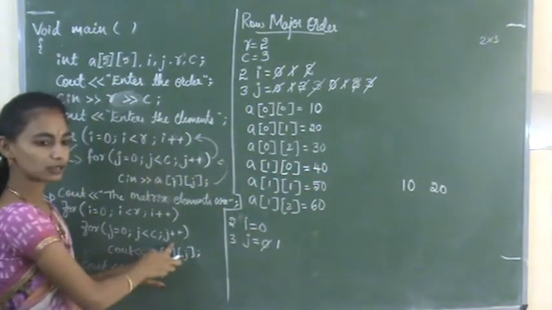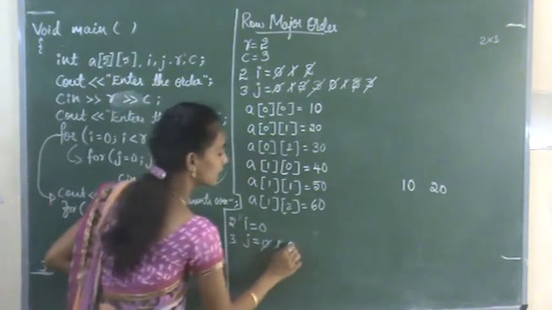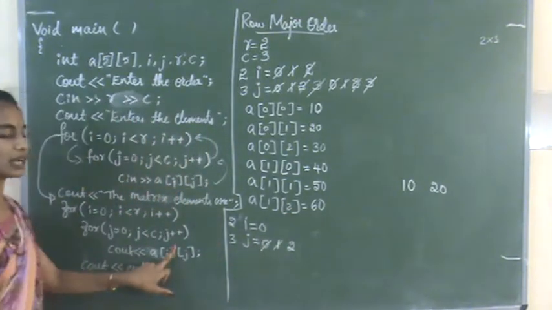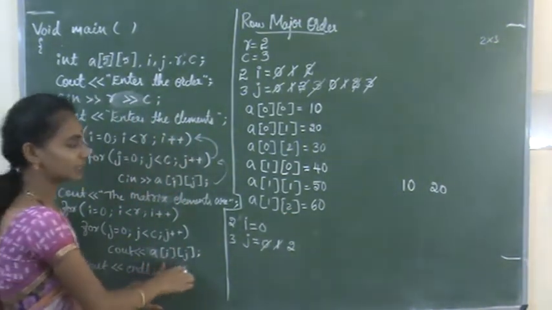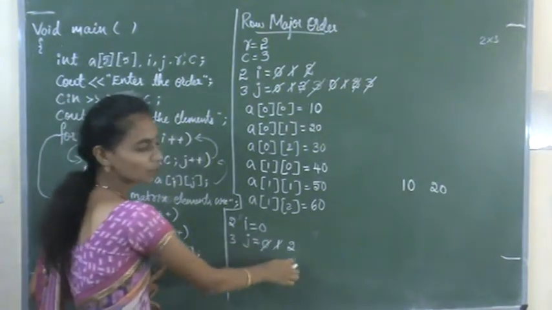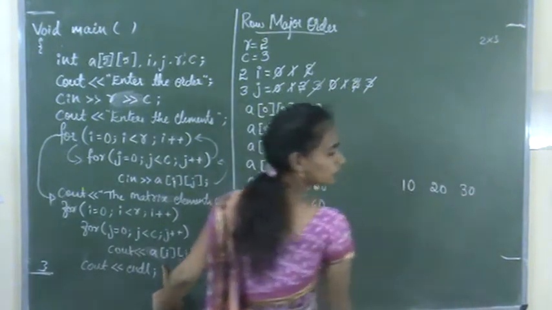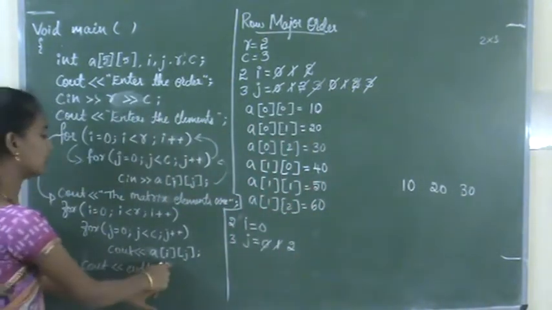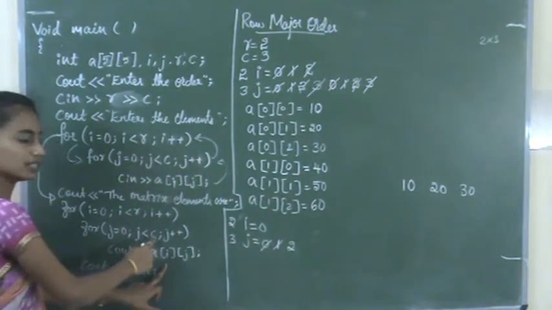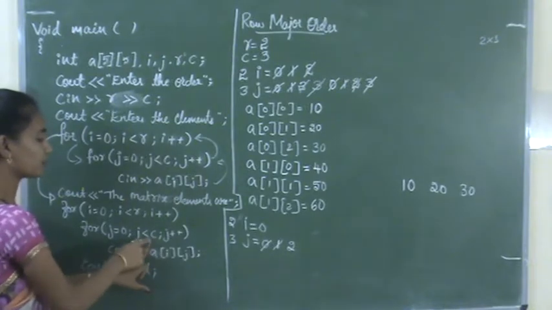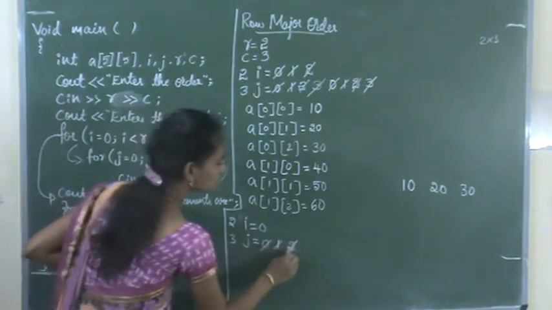Again it will go back to the for loop, increment the j value, becomes 2. Now a of ij means a of 0, 2. What is a of 0, 2? That is 30. So 30 will be displayed on the screen. Next it will increment the j value. J value becomes 3, right?